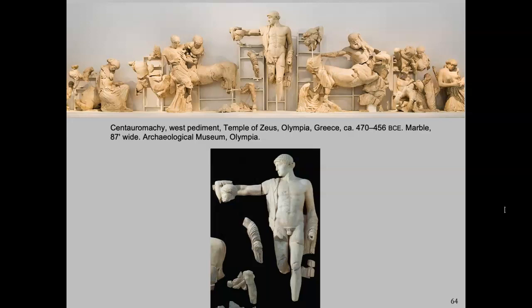So his head is turning one way, while the weight is shifting to the other side. And so we see this very gentle movement that activates all of his muscles and shows him as very lifelike, but at the same time idealized.